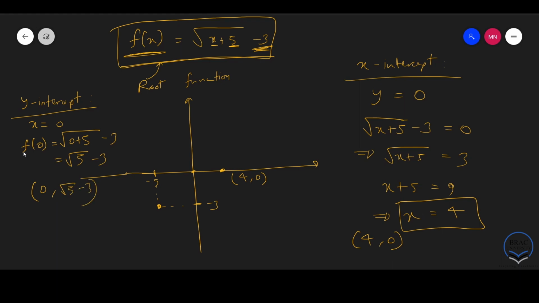Right, so when x is 0, y is equal to this. So now we can plot these points, and if we do that, we will see that the graph will look something like this. Right, and this y-intercept will have the coordinates 0, root 5 minus 3. Right, so this is the graph of this function.